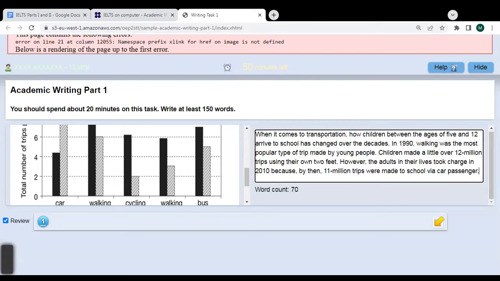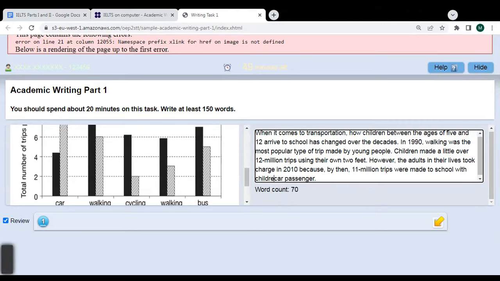So 11 million trips were made to school via car passenger, with children as car passengers. Okay, let's go with that.